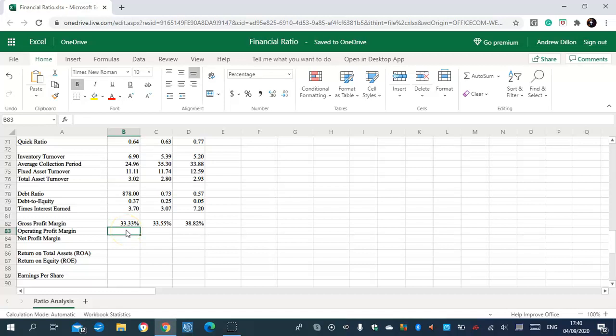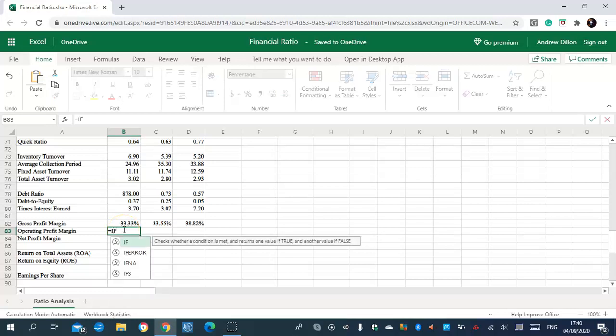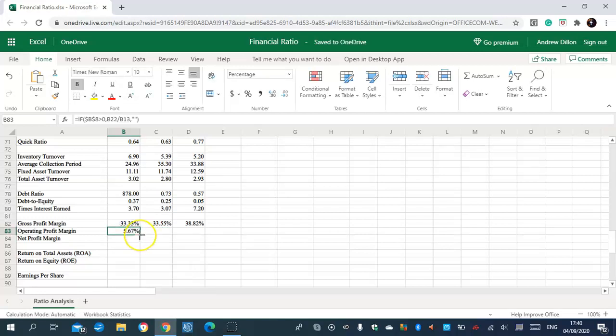So next one will be operating profit margin. 5.67%.